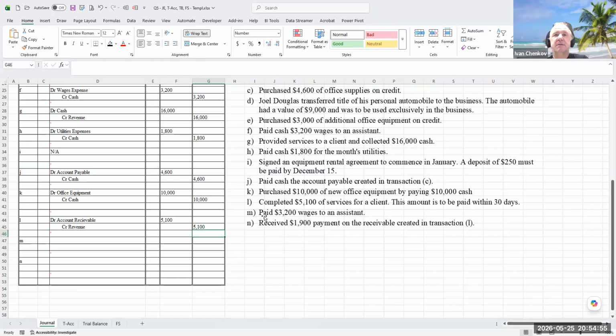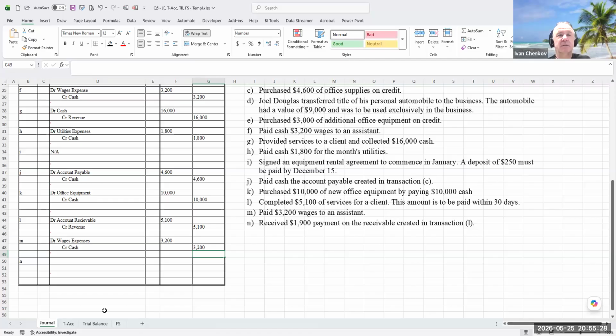We pay our assistant again. Debit. Obviously, we have to repeat the entry that we did with the wages, right? Wages expenses, which is $3,200. And how are we going to pay our office assistant? Cash, with $3,200.